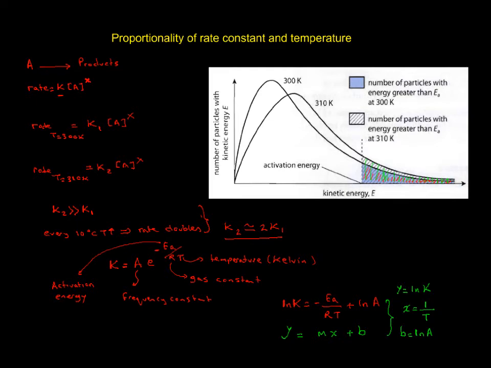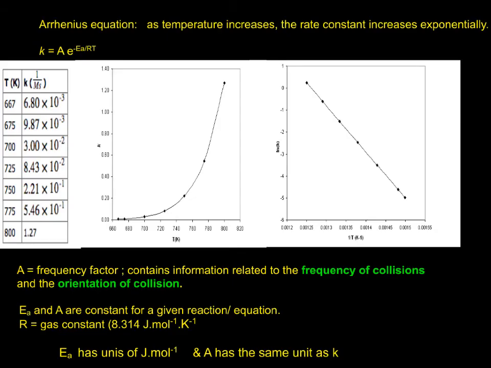Let's look at it in a little bit more detail. If you go to the data booklet, this equation is given to you as well as the non-exponential form of it. And then they can challenge you, and the usual question is to calculate the activation energy and the Arrhenius constant A. The exponential is difficult, so if you plot K versus temperature in Kelvin, you would have a curvature like this and you have a difficult time calculating EA.